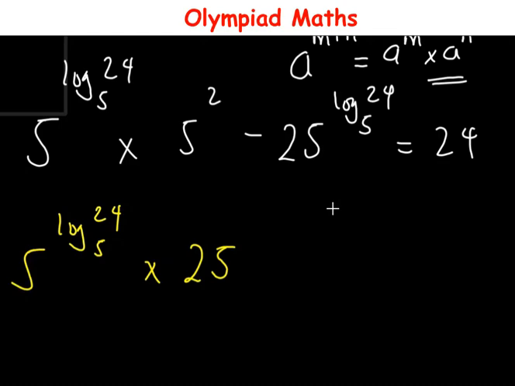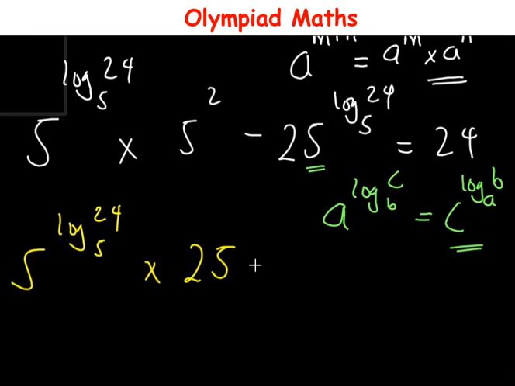So from here, applying this property of logarithm, that if you have a raised to power logarithm of c base b, this is equal to c raised to power logarithm of b base a. So applying this right here, what we then have is minus, this becomes 24 raised to power logarithm of 25 base 5 equals 24.